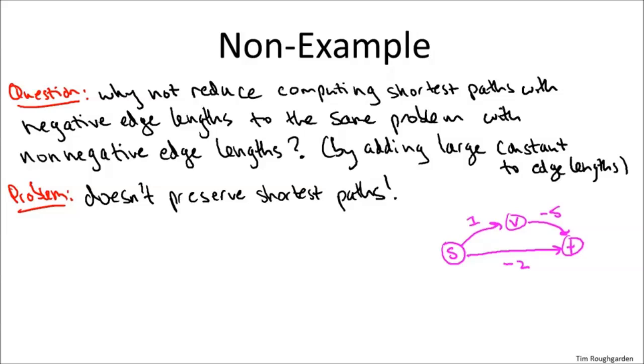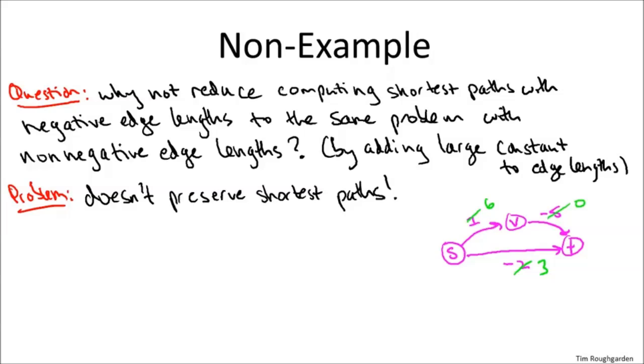Now suppose we tried to massage this by adding a constant to every edge so that all edge lengths were non-negative. We'd have to add 5 to every edge because that's the biggest negative number, the VT edge. So that would give us new edge lengths of 6 and 0 and 3. And now the problem is we've changed which path is the shortest one.